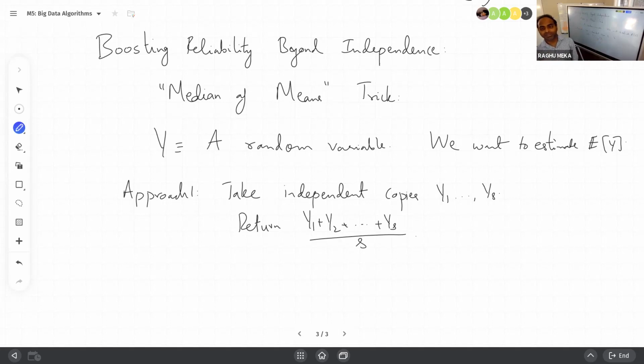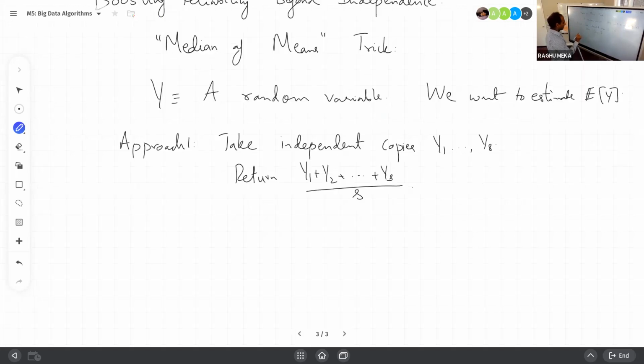This is something that we just saw and maybe something that you've seen before and used before. So the median-of-means approach is: I take a number of independent copies, but I group them into batches.